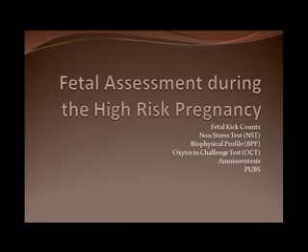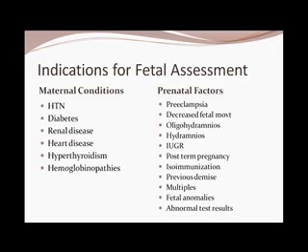It's important that we assess not only the mother, but the fetus during the high-risk pregnancy. Now we'll discuss several mechanisms for assessing fetal well-being during the high-risk pregnancy. What conditions and factors would indicate need for further fetal assessment? Maternal conditions such as hypertension can certainly affect the pregnancy, as can diabetes.